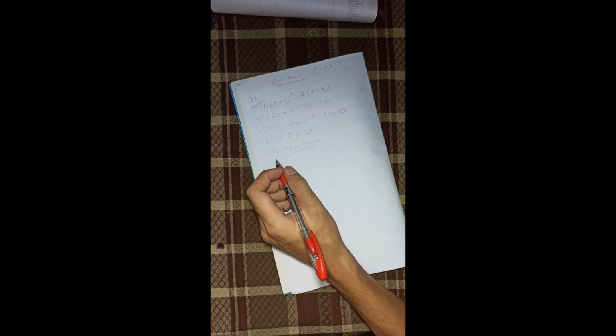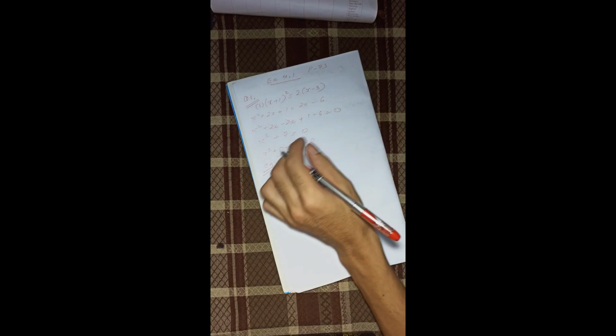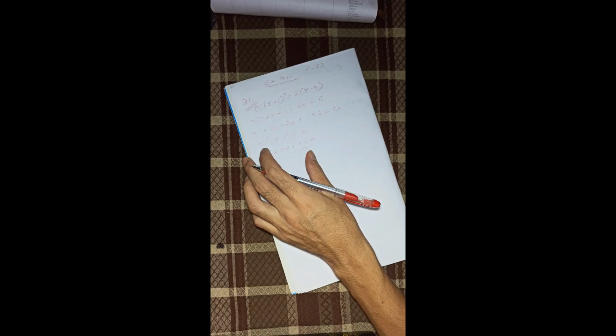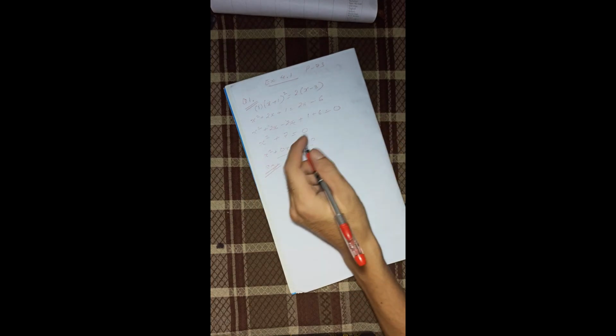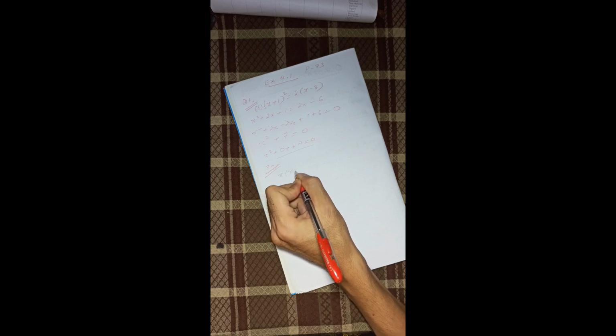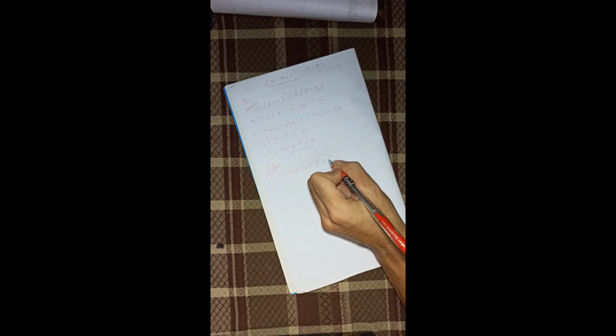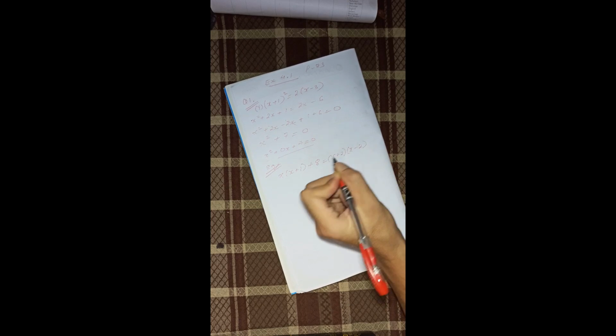Now let me give you an example. Let me do one example. This is just an example I'm doing just to show you whether an equation is a quadratic equation or not. Now let me write down (x plus 1) plus 8 equals to (x plus 2)(x minus 2).